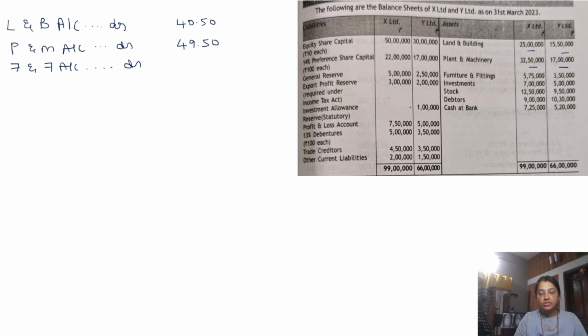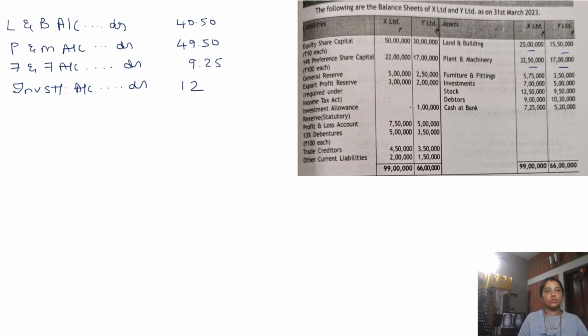X company furniture is 5 lakh 75,000. Y company is 3 lakh 75,000, 3 lakh 50,000, sorry. So total comes up to 9 lakhs 25,000. Then next asset is investments account. X's investment is 7 lakhs and Y's is 5 lakhs. Total comes up to 12 lakhs.